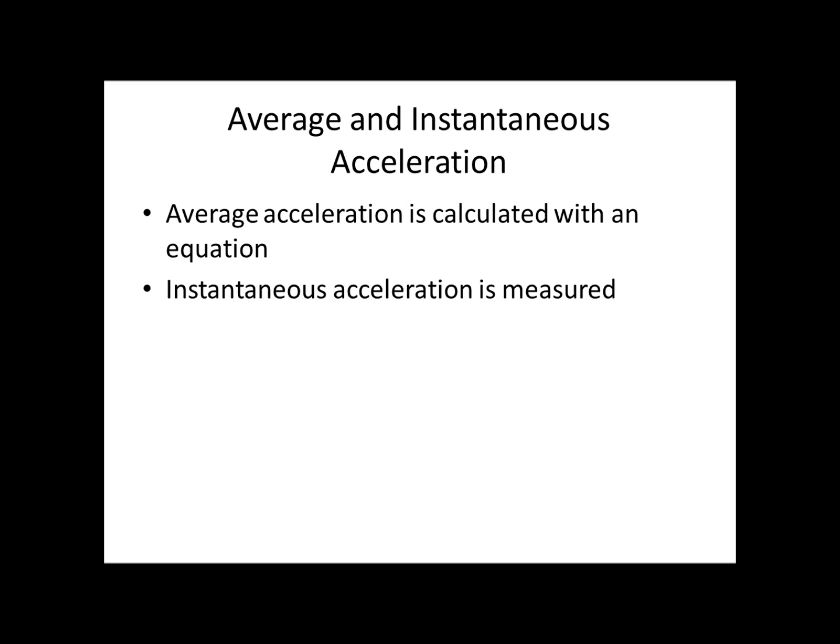Instantaneous acceleration is a little bit harder to come by. We can use a device to measure the acceleration. Those are called accelerometers. Or if you take enough math, you get up into calculus, we can actually use calculus to find an instantaneous acceleration. Obviously, we're not going to be doing that. We're really going to be focusing on finding average acceleration.